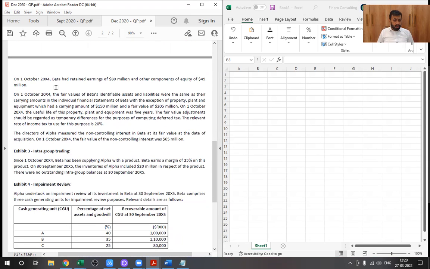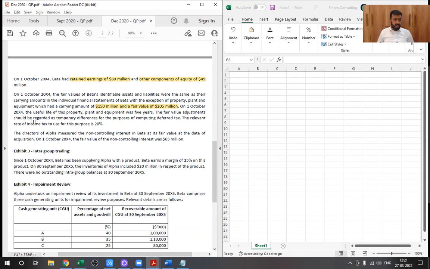On 1st of October 20x4, the date of acquisition, Beta's retained earnings were 80 million and other components of equity are 45 million. On 1st October 20x4, the fair values of Beta's identifiable assets were the same as their carrying amounts in the individual financial statements of Beta, with the exception of property, plant and equipment, which had a carrying value of 150 million and a fair value of 205 million.